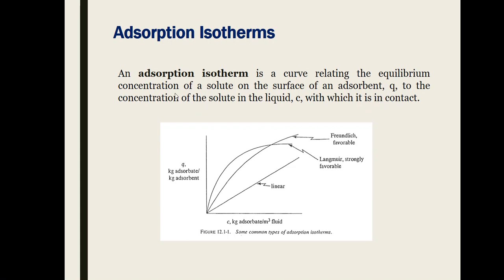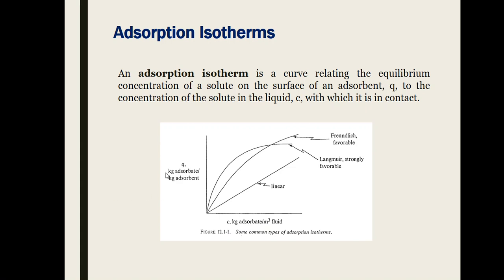So the concentration of the solute on the surface of the adsorbent, Q, to the concentration of the solute in the liquid, C, meaning the remaining solute in the fluid that was processed. So we take the concentration of the two and have it plotted. So C is in kilogram adsorbate per cubic meter of fluid in the bed.